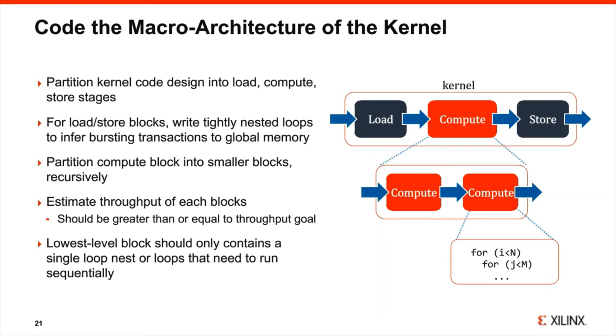The system won't run faster than the slowest block. So the throughput of each block should be greater than your goal. And the lowest level block should only contain a single loop nest or loops that need to run sequentially. We'll talk more in the next slide.